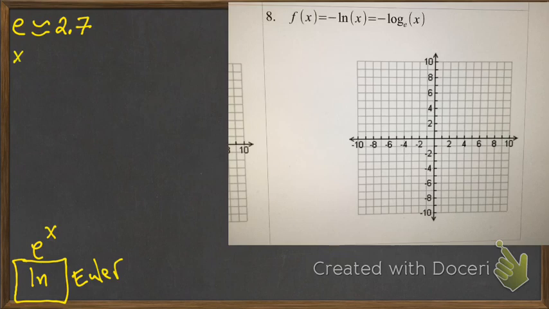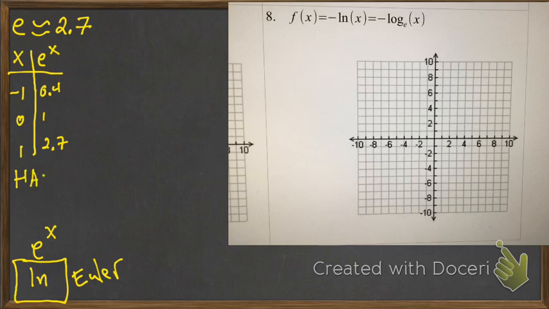Okay, so we'll go ahead and make our table. So put e to the x in, negative 1, 0, and 1. So e to the minus 1 is about 0.4. It's 0.36 something, but for our purposes, it's probably easiest to round to 1 decimal. 0.4, 1, and 2.7. And then horizontal asymptote in parent form is y equals 0.